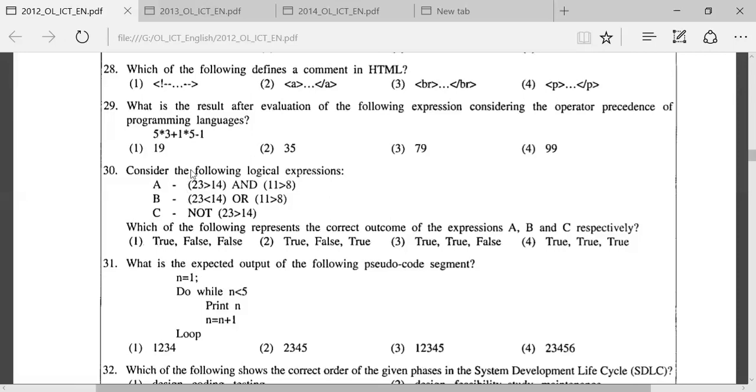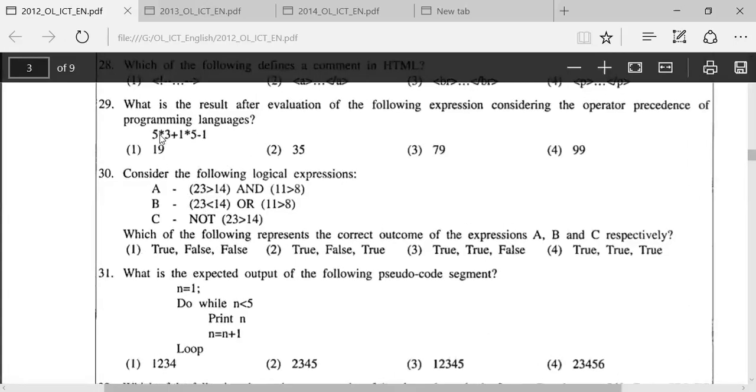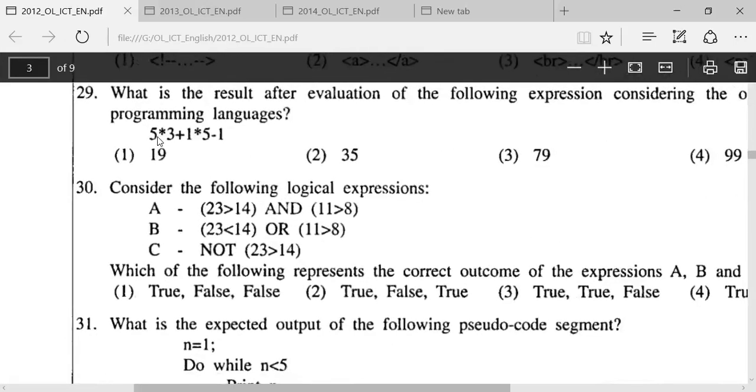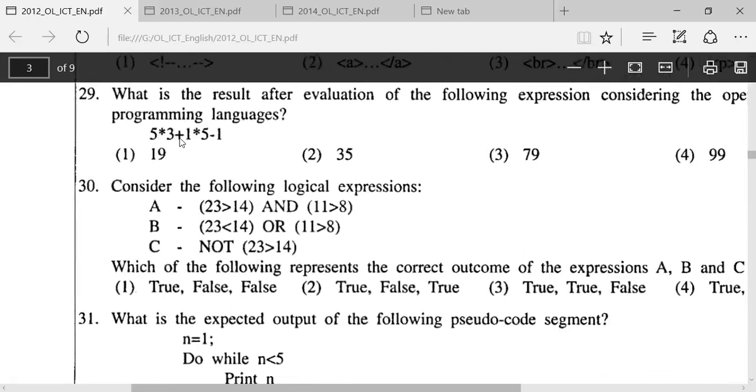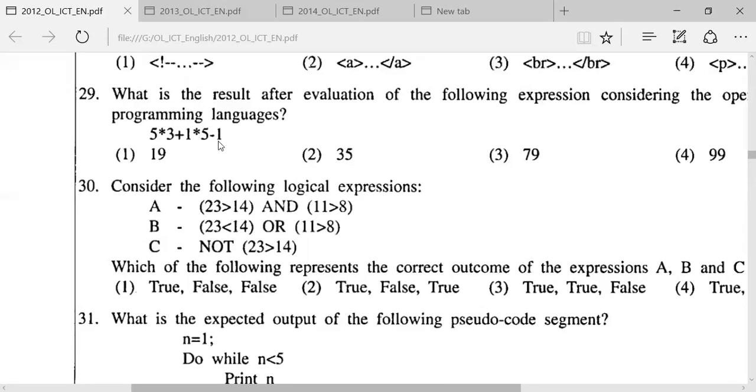So you can see there's a multiplication, addition, multiplication, subtraction. From left to right, you have to consider one by one. Your priority is multiplication and division first. So first you have to do the multiplication.